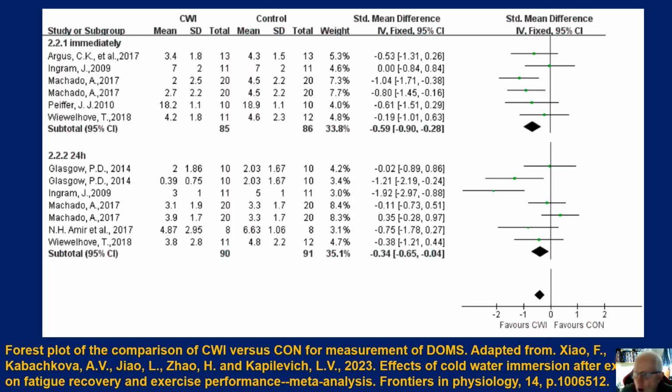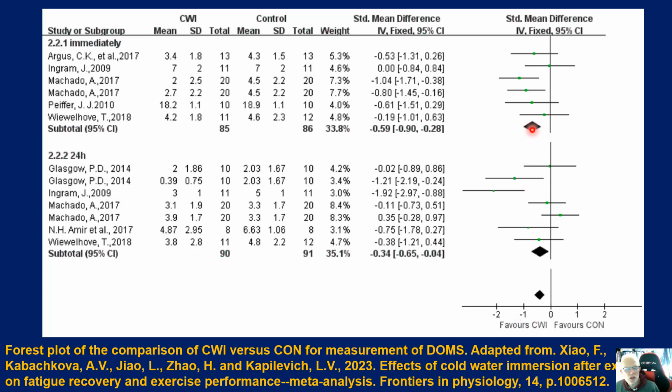So, does it work? Well, again, let's use our effect sizes to tell us about this intervention. Here we've got data for delayed onset muscle soreness, and we've got the immediate effect here. This is the average immediate effect for the whole group. If we look at the overall immediate effect, it would seem to favour cold water immersion, and we're getting quite a large effect.